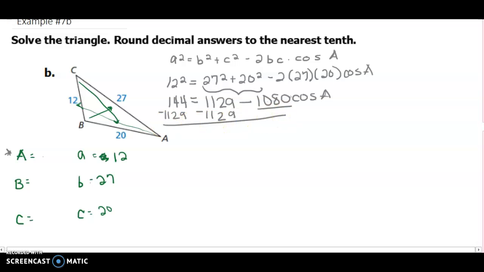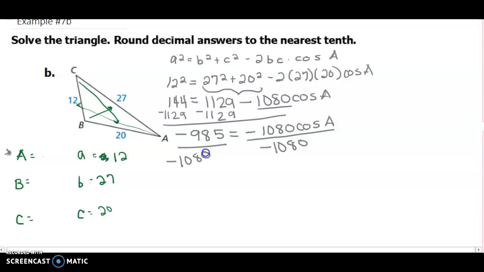So 144 minus 1129 gives me negative 985 equals negative 1080 cosine of A. Okay, now I'm multiplying negative 1080 times the cosine of A. So I'm going to divide by negative 1080 on both sides. Okay, and a negative divided by negative is a positive, so 985 divided by 1080, I get 0.912, that's rounded, equals cosine of A. All right, well now I know the value of my cosine.